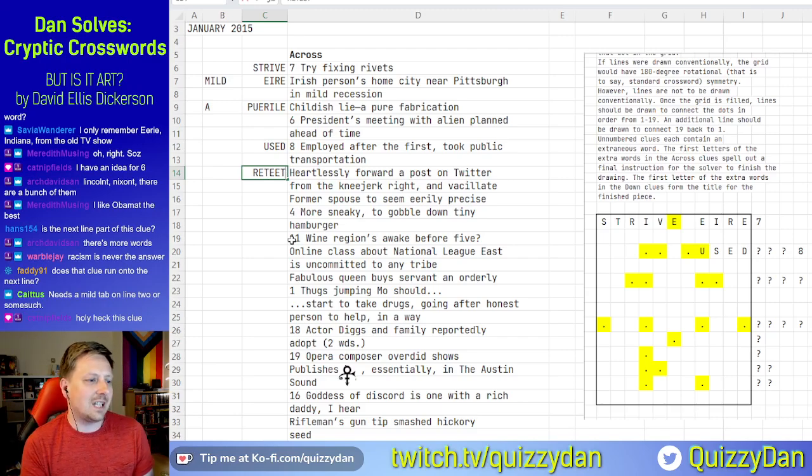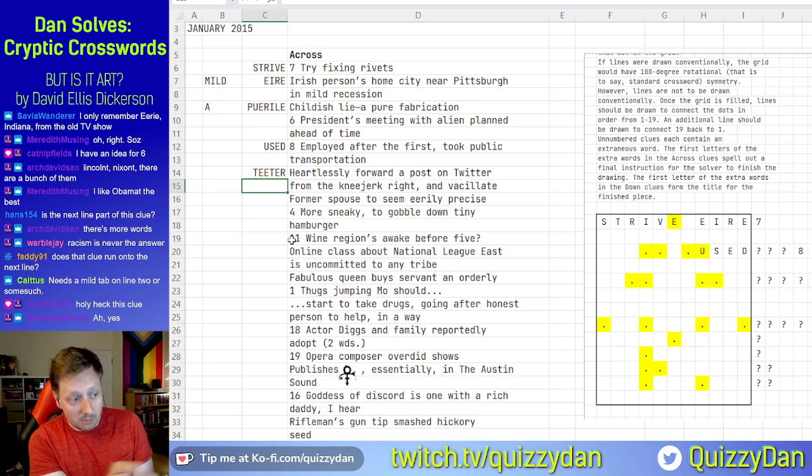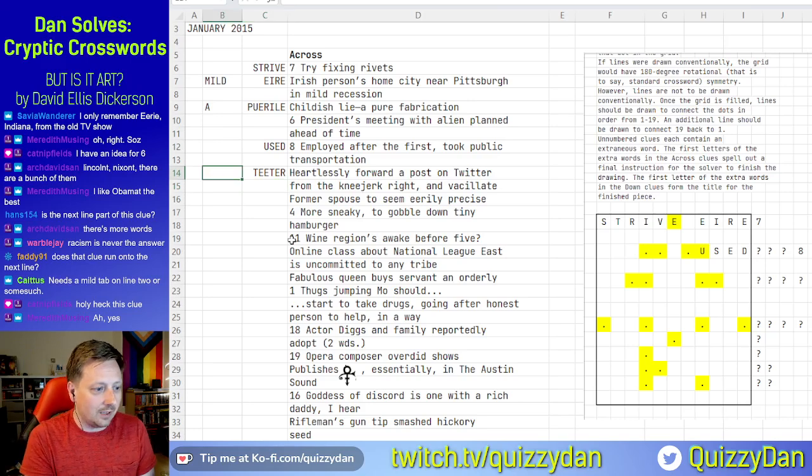From the, I feel like knee-jerk. Yes, if knee-jerk was extra, then you get from the right. So you reverse it and you get teeter. So retweet, take out the middle letter, which is W, and reverse it. You get teeter. And if you vacillate, you're not sure, you teeter. There you go. Knee-jerk is extra there.